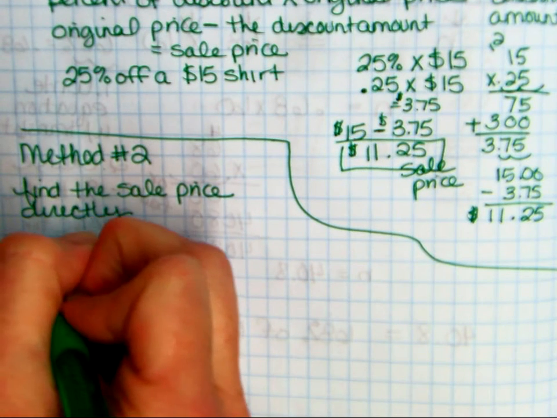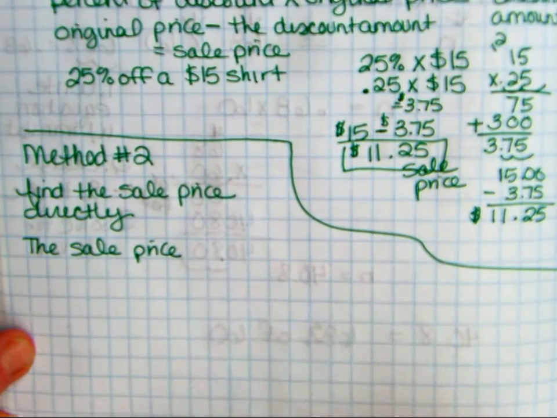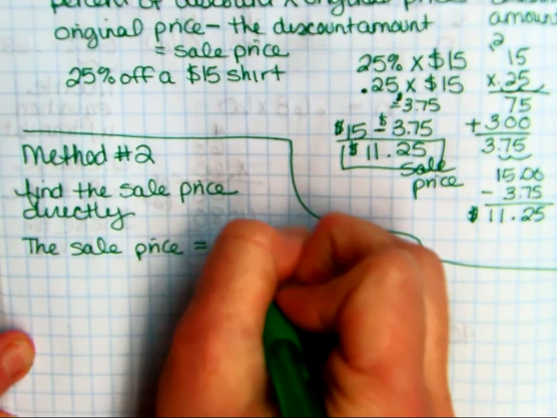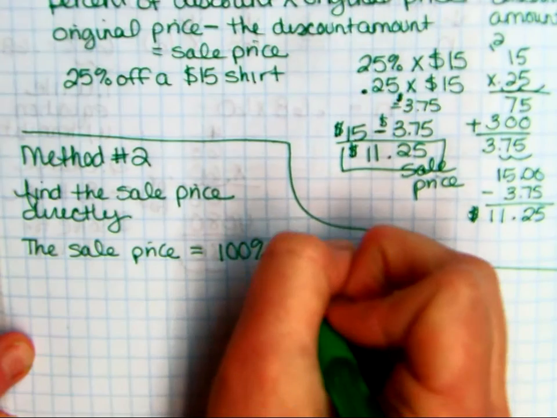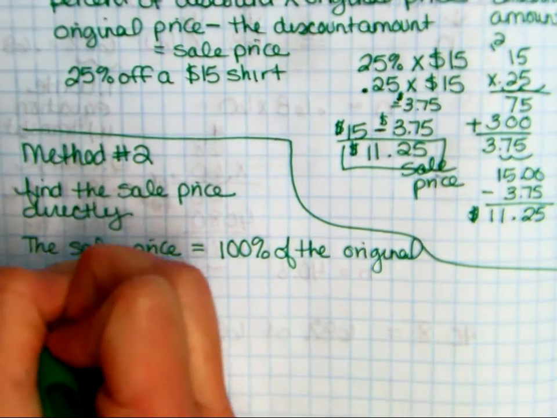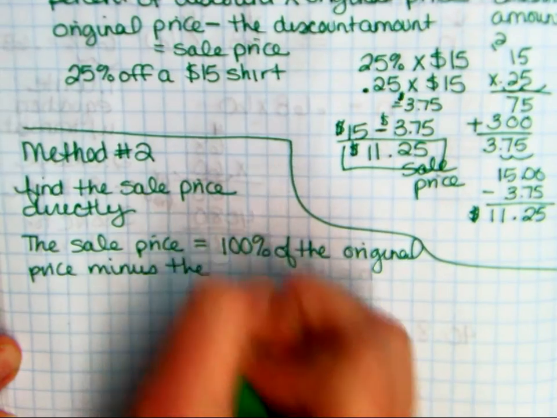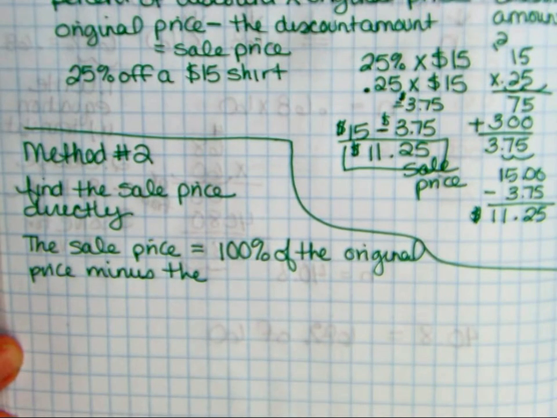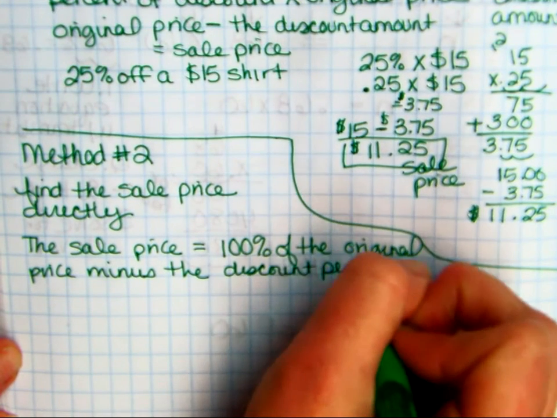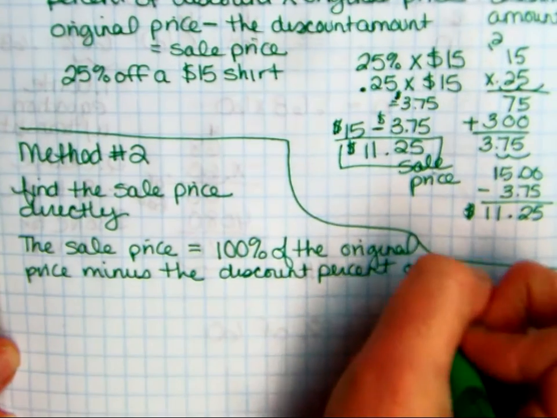If you know that the sale price equals 100% of the original price, minus the discount percent of the original price.